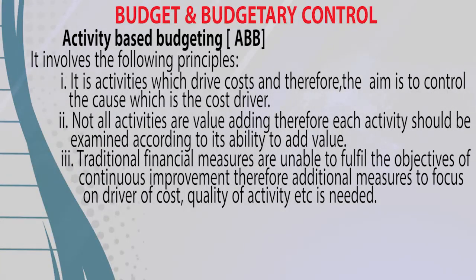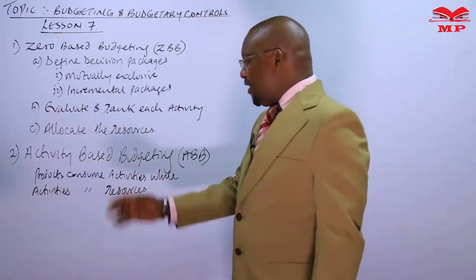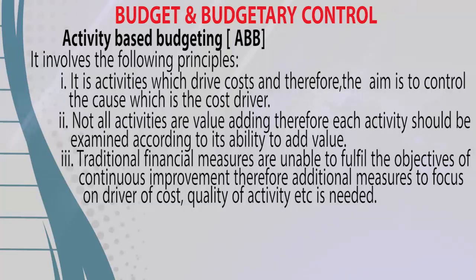It's just like what I've just said about products actually consuming activities and activities consuming the resources. And we need to have that understanding so that we can be able to evaluate every activity and the cost that it actually consumes before we charge these to the products, and see whether the activity is value adding.